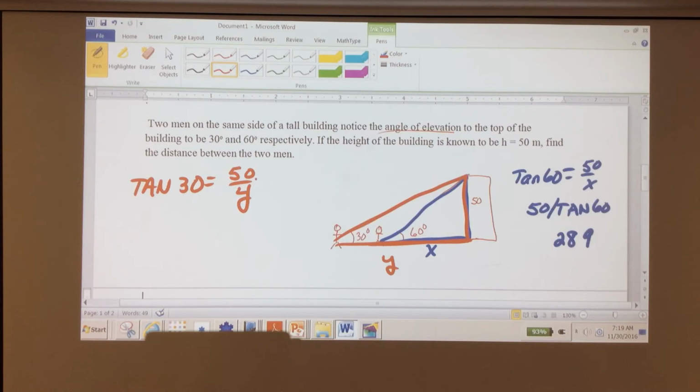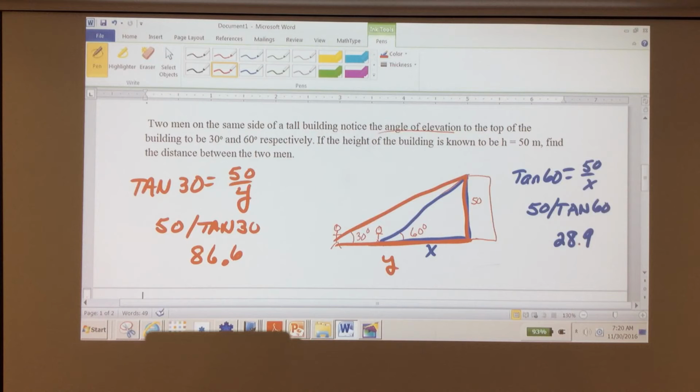The variable's on the bottom, so we're going to divide, so it's 50 divided by tan 30. Here we go. 50 divided by tan 30 is 86.6. So that's the distance along y to the second man.